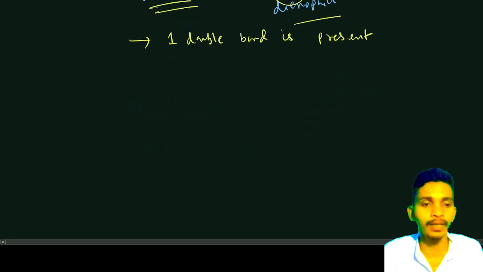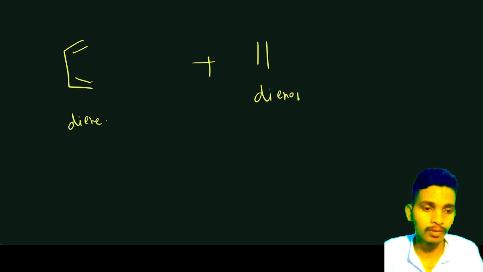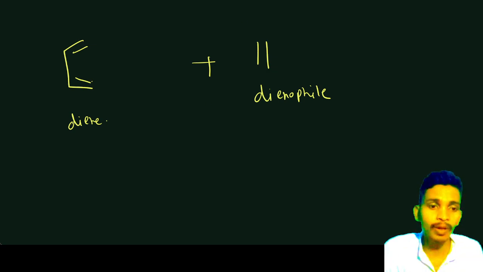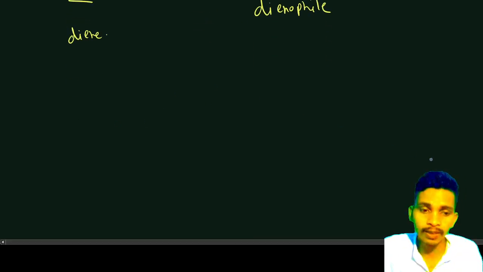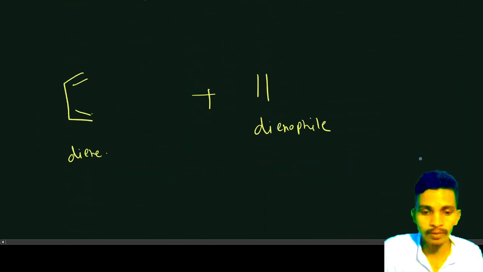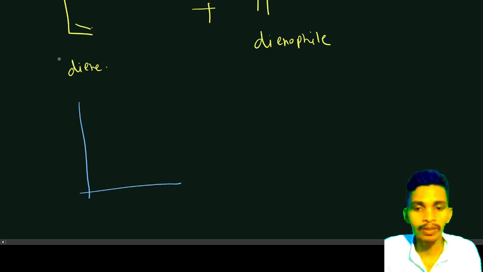So now the MO approach. I'm taking this as the diene, and this is the dienophile. Now in the MO approach, how will you do the molecular orbital representation of this diene?